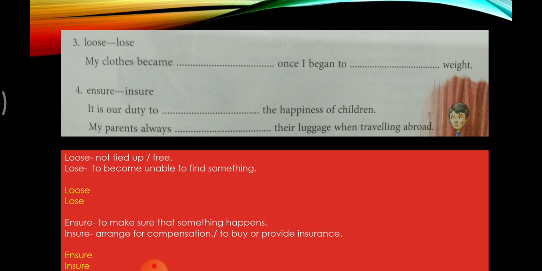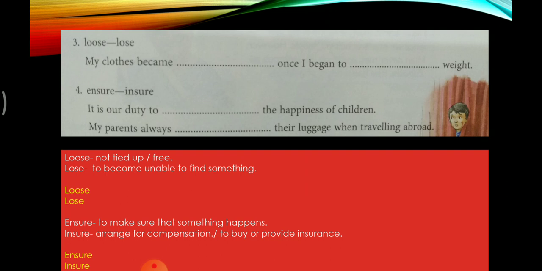Alright. Next is ensure and insure. Ensure means to make sure that something happens, and insure means to arrange for compensation in case of emergencies, to buy or provide insurance.